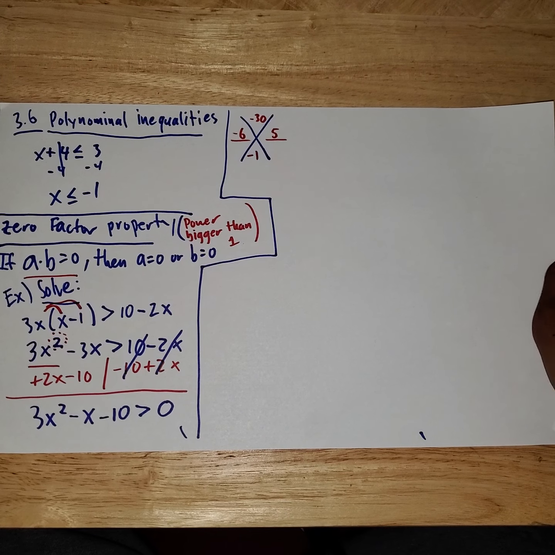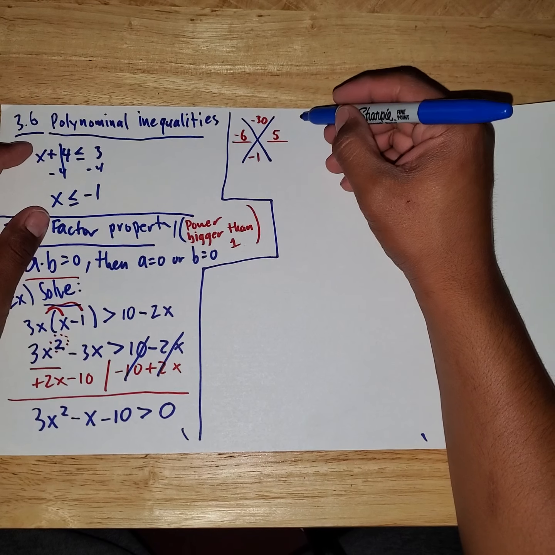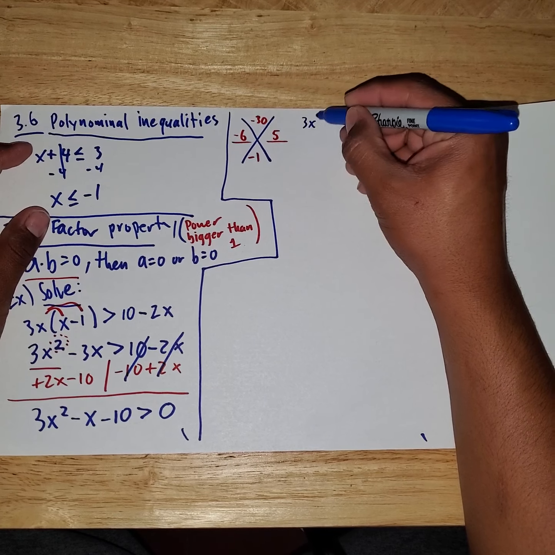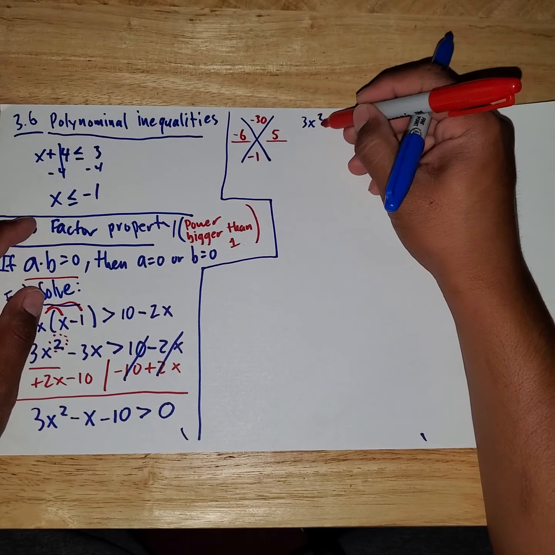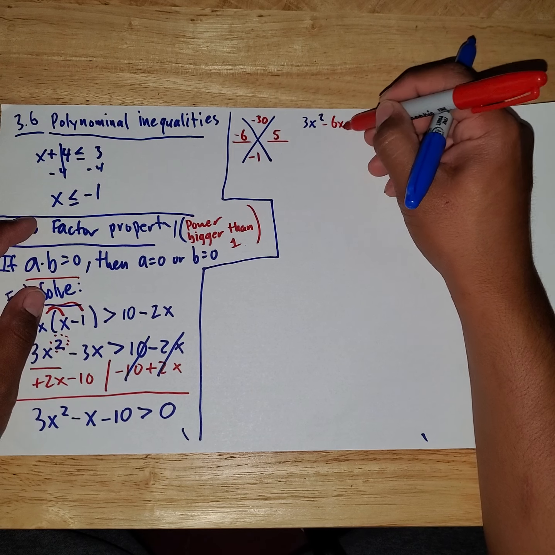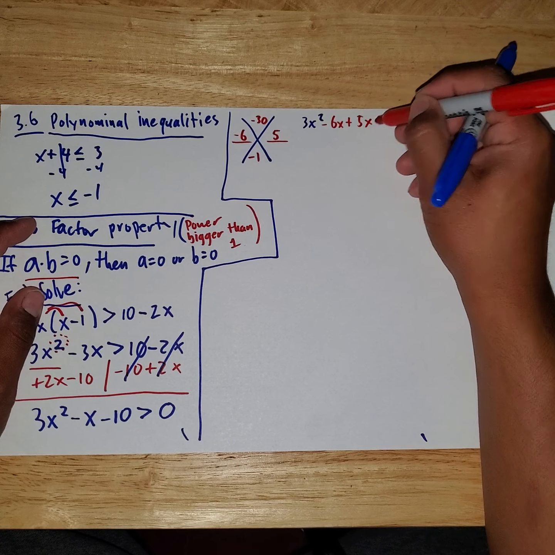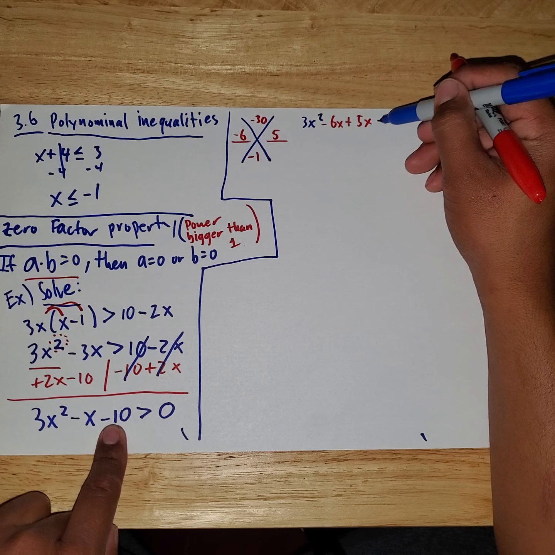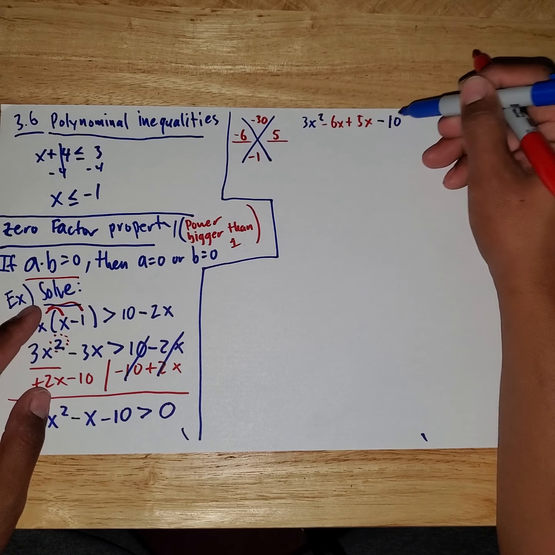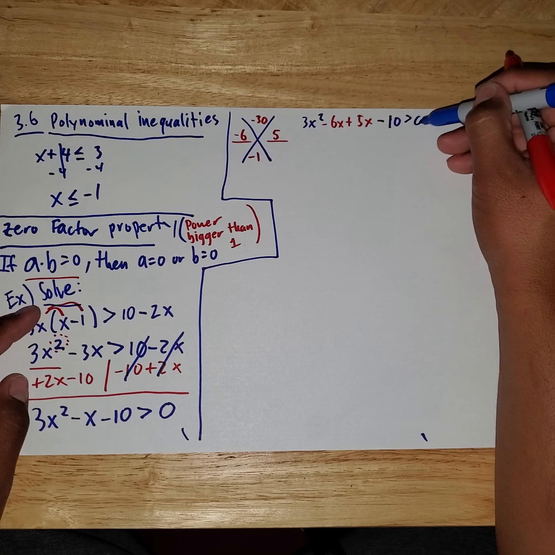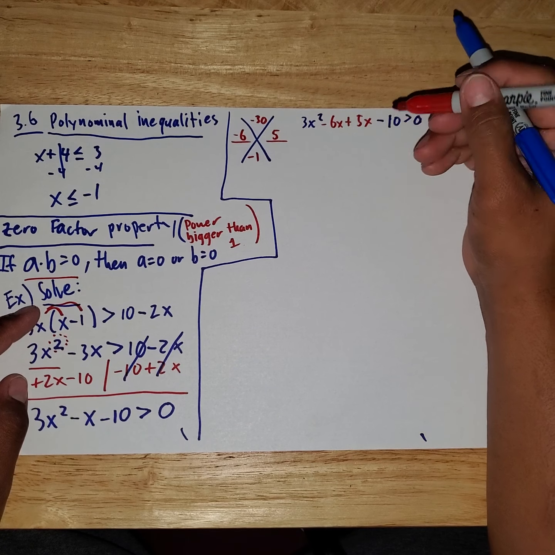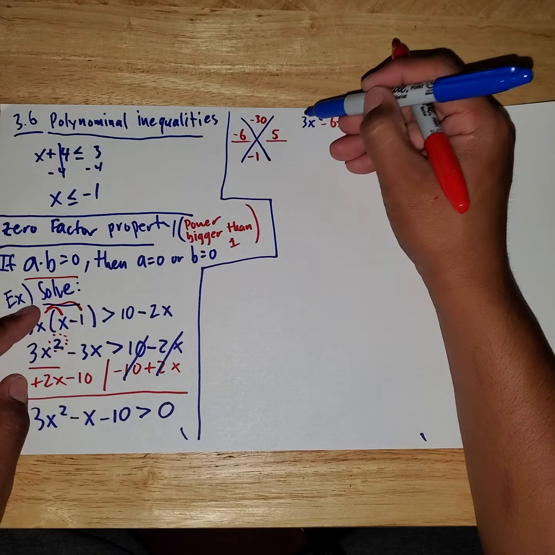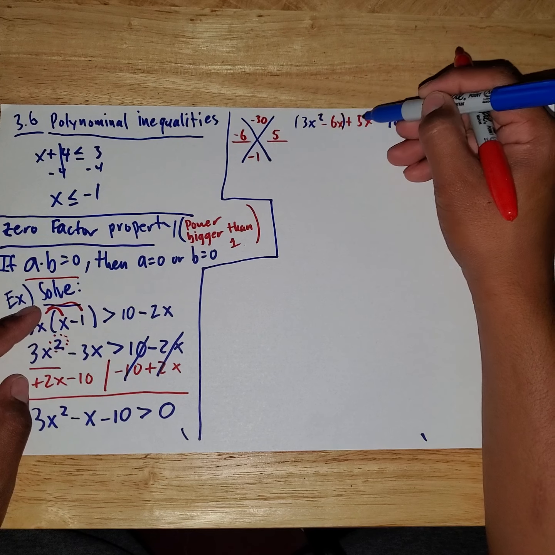So let's factor that. Again, we should be able to do this quickly. So 3x squared minus 6x plus 5x minus 10 is greater than 0. And remember, we like to group the first two, group the second two.